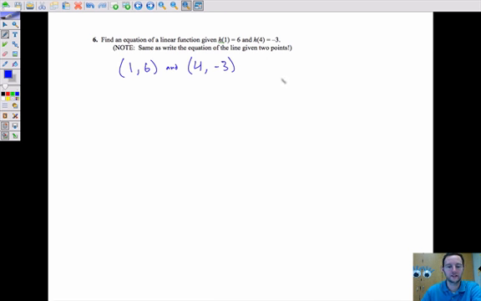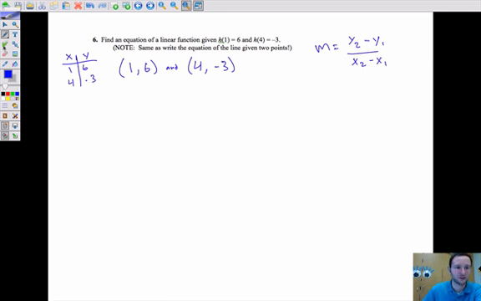So first we can find the slope between them. If you want to put them into a table, you can do that. If you want to use the slope formula, y2 minus y1 over x2 minus x1, you can do that too. But basically, either way, we're going to be looking for the change in y over change in x.